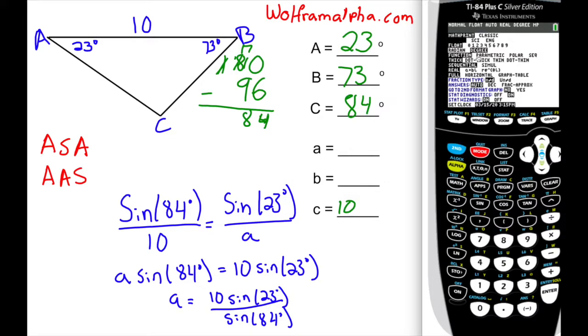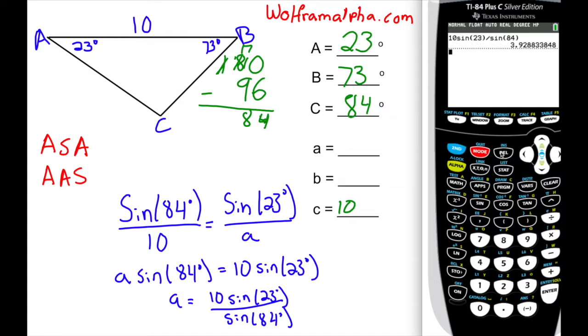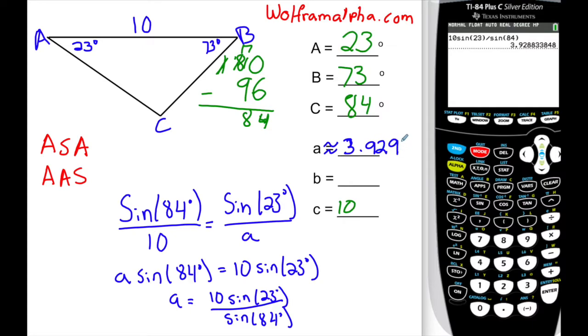If you look at the third line here, it says degree and not radian. So that means, let's round to 3 decimal places, A is about 3.929 units.